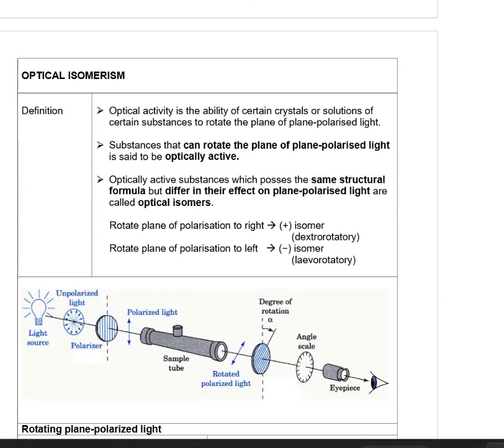Okay, next we look at optical isomerism. Optical activity is the ability of a certain crystal or a solution of certain substance to rotate the plane of plane polarized light. The substance that can rotate the plane of plane polarized light are said to be optically active.